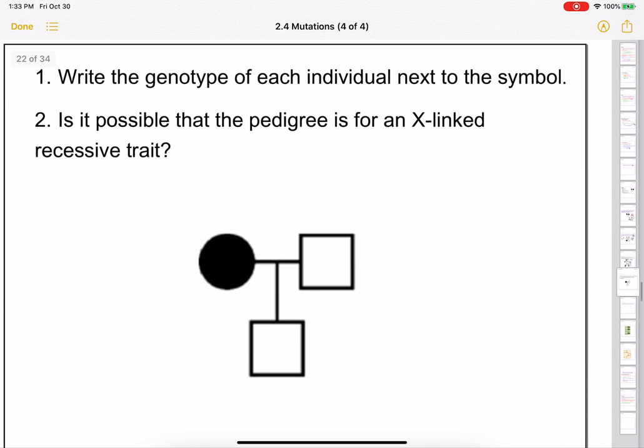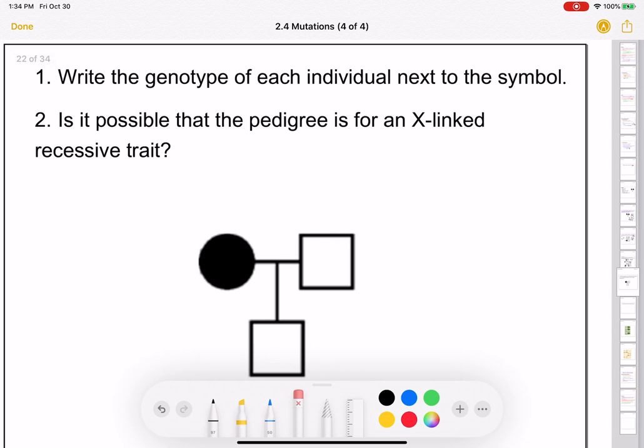So it says, write the genotype of each individual next to the symbol. Is it possible that the pedigree is for an X-linked recessive trait? So same applies. We can't see whether it's only males or females, so we don't know if it's X-linked or not, but we can probably get that it's recessive, likely, just because it's not showing up in this generation. So let's say this girl has little a.